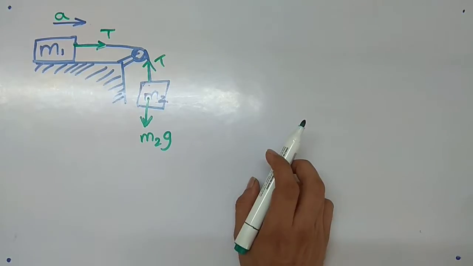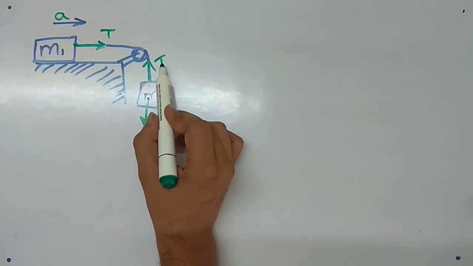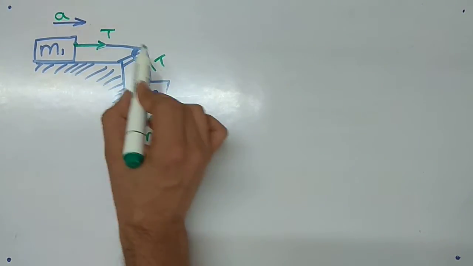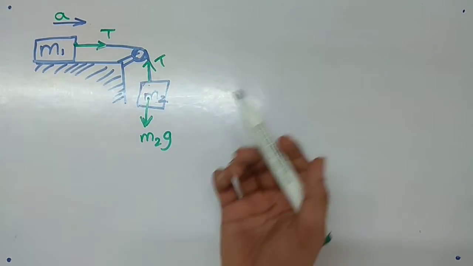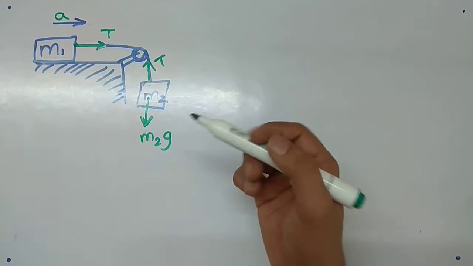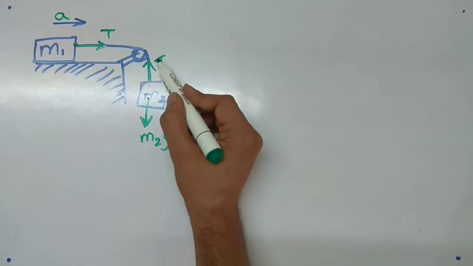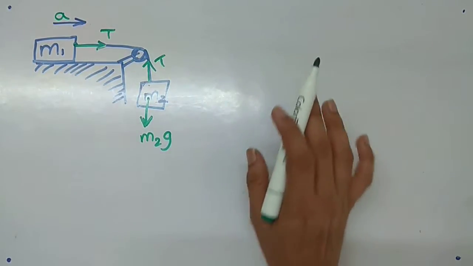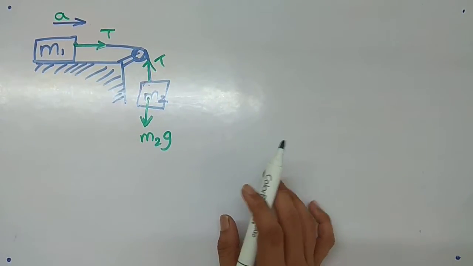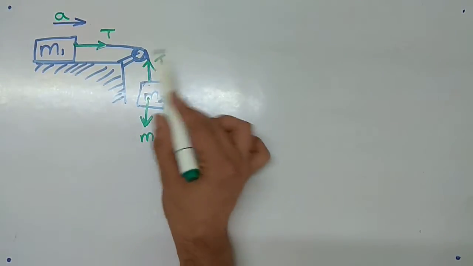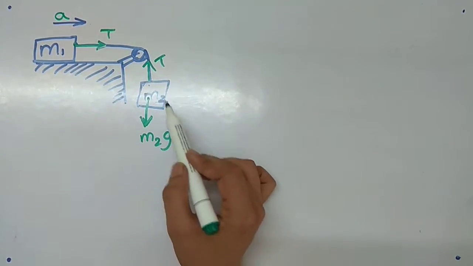I hope you are clear. Don't worry about these signs that these are opposing. This is a method to solve, and you must always know that there is a force developed in the string and that should always be directed away from the object.